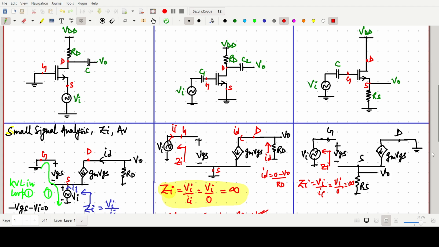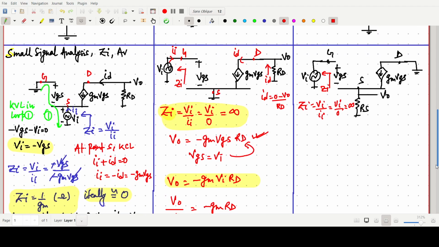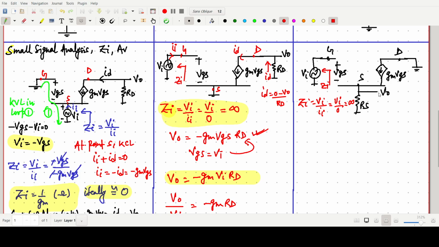Okay, so now we have to find the gain. So this point is V naught, and this one is our V naught and this one is VGS. So if we apply KVL in loop 1, what will we write?